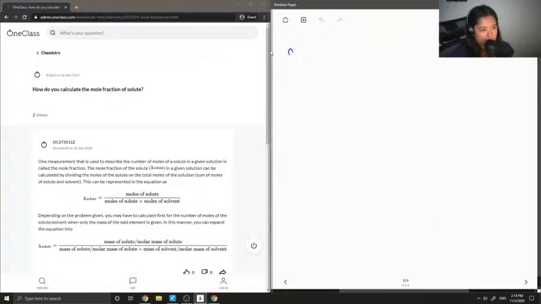Okay, so now let's check out question number 9. How do you calculate the mole fraction of solute? So I'm going to denote that the mole fraction can be represented by X, and then I'll just put subscript solute.